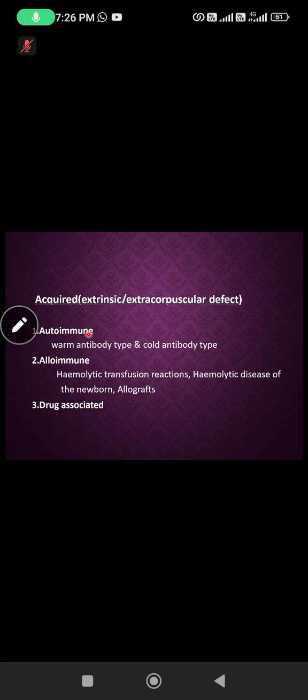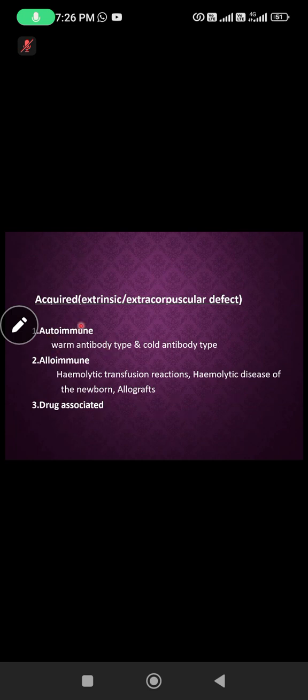Acquired hemolytic anemias, you can divide into autoimmune and alloimmune. These acquired hemolytic anemias are rare in comparison to hereditary hemolytic anemia.